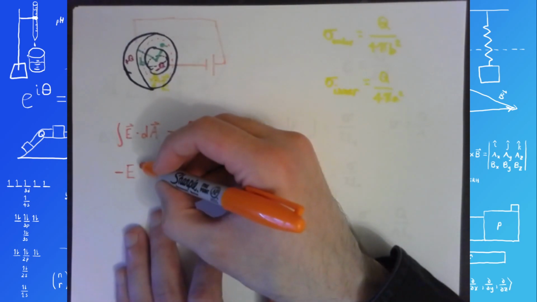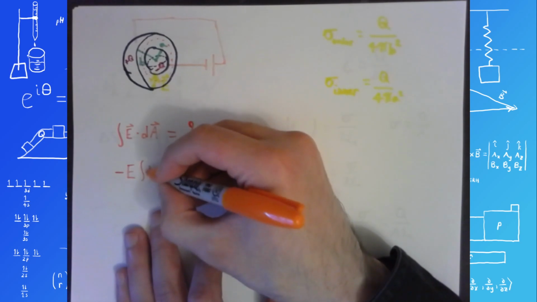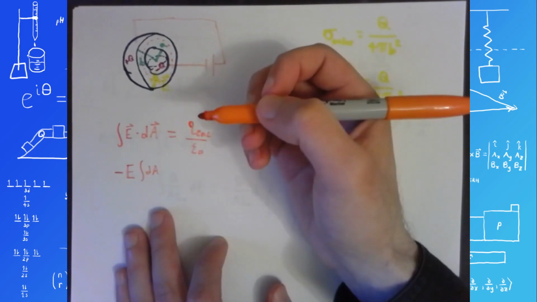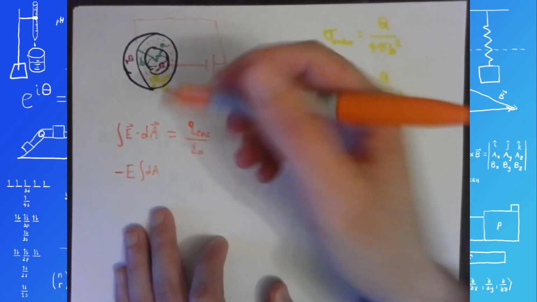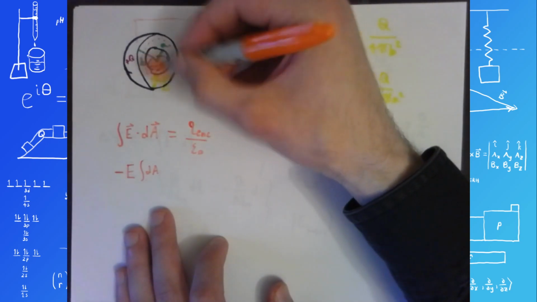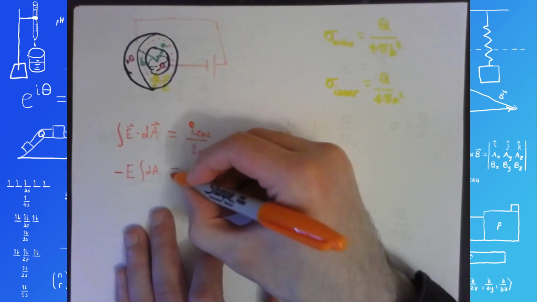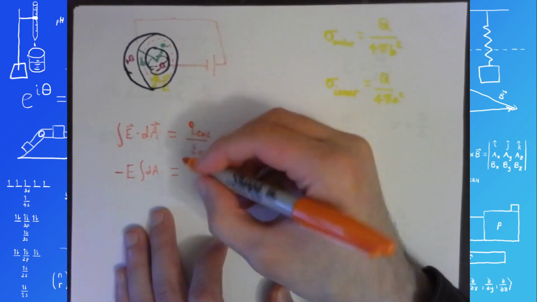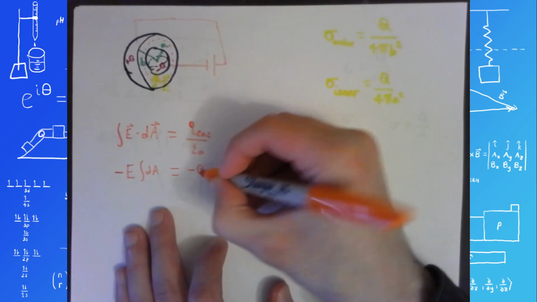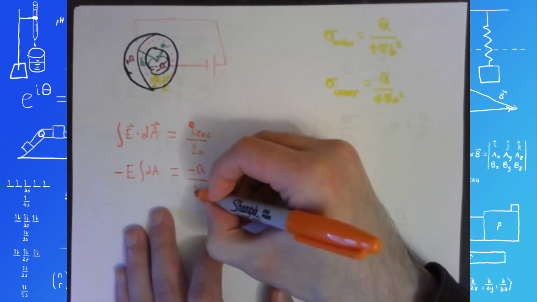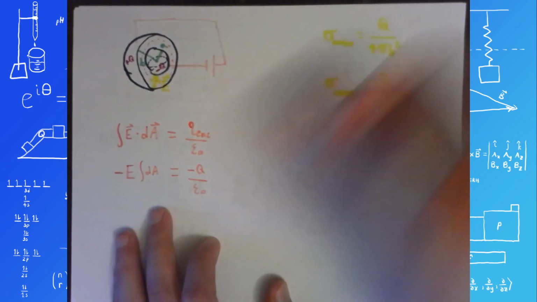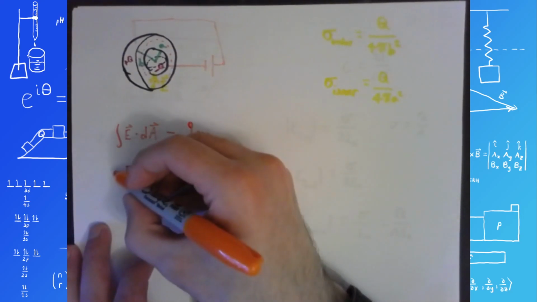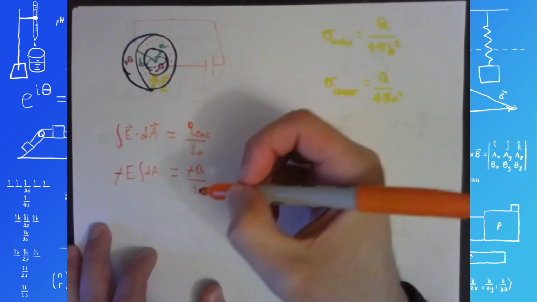And then we're left with just the integral of dA, which is just the total area. The total area for a sphere of radius r between A and B is 4 pi r squared, equals the charge enclosed, negative Q, over epsilon naught. I guess I didn't actually need these surface charge densities then. Those negatives will cancel out.